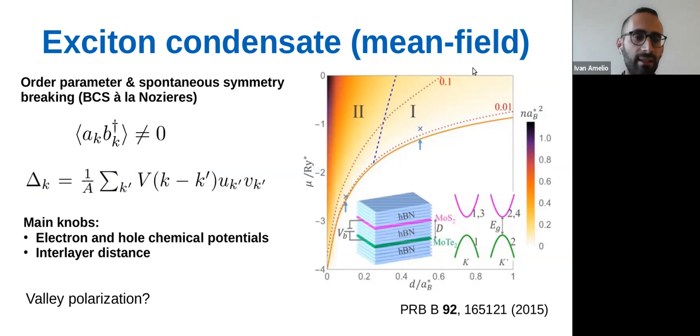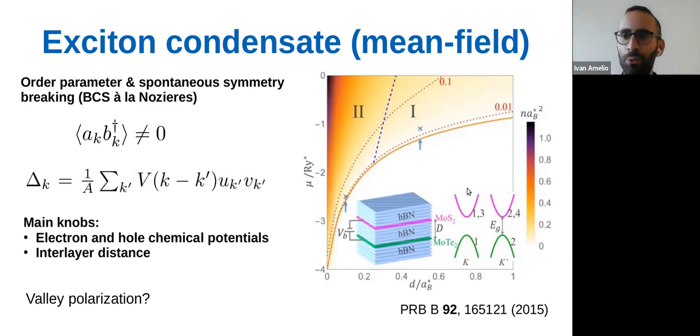So in practice, in an experiment, one will be able to tune two main knobs that are the electron and hole chemical potentials, and also the interlayer distance. This one will need to build probably different samples. So one in the end gets a phase diagram like this as a function of mu and of the interlayer distance. And in mean field theory, one can predict, okay, there will be the white phase in which one has no charges.